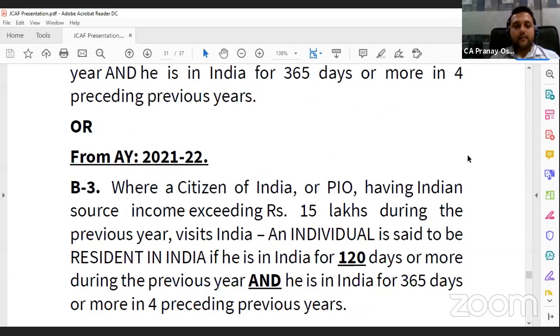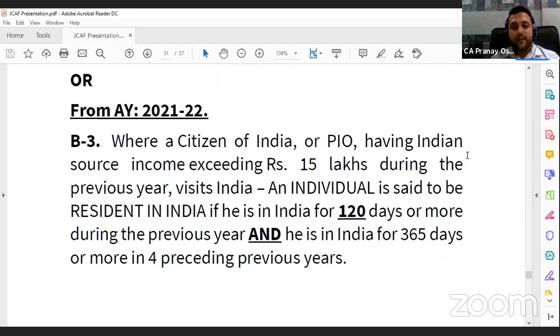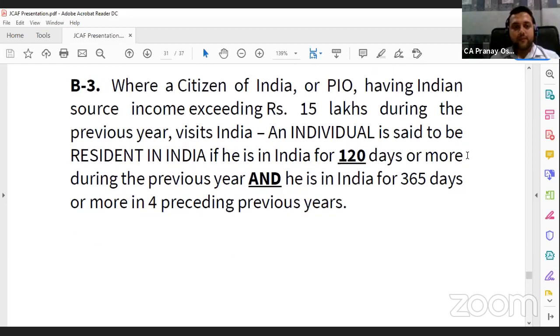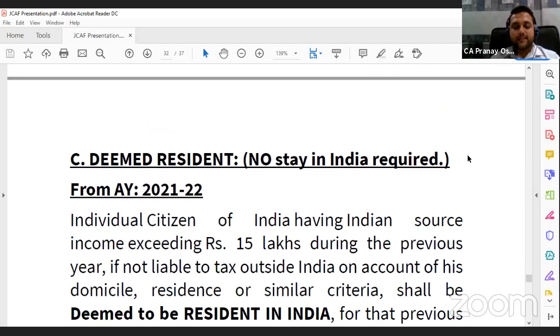And from AY 21-22, where a citizen of India or a person of Indian origin having Indian sourced income exceeding rupees 15 lakhs during the previous year visits India, an individual is said to be resident in India if he is in India for 120 days or more during the previous year and he is in India for 365 days or more in 4 preceding previous years. Deemed residence. For deemed residential status, no stay in India is required.